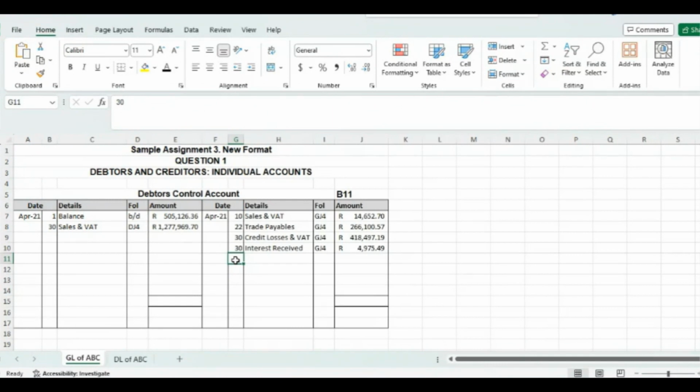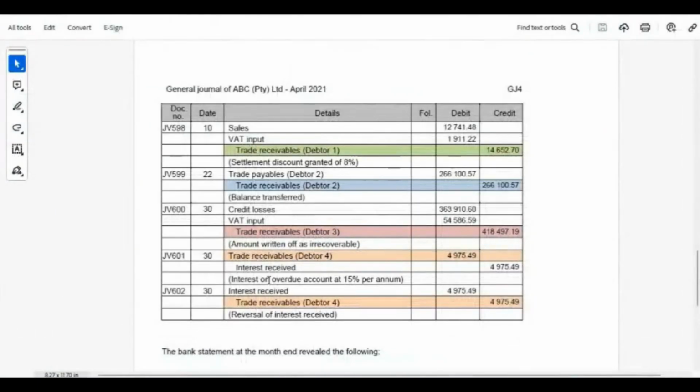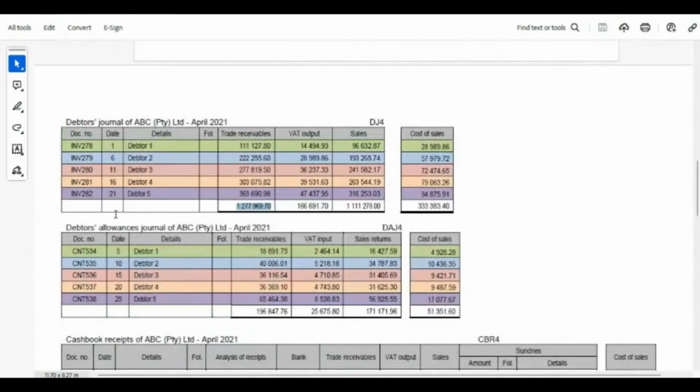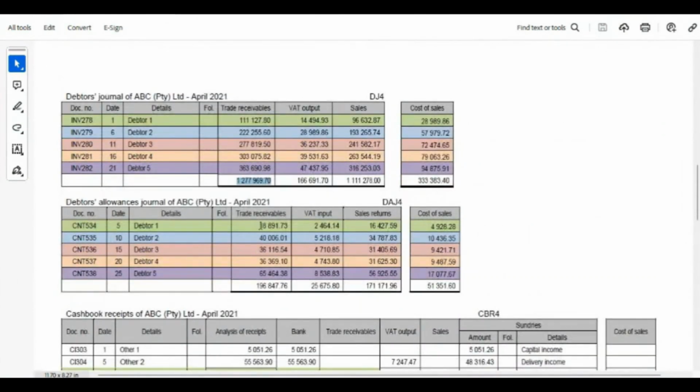And then, of course, the other thing that is happening on the 30th is we are totaling our journals. And when we total the journals, we see the sales returns. And that will also just be the totaling column that we are going to find in our debtors allowance journal. There it is. Okay, so that's where that amount is coming from.